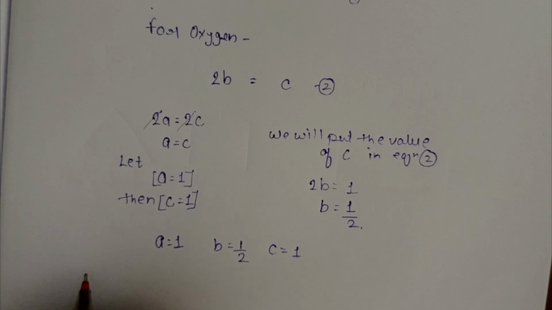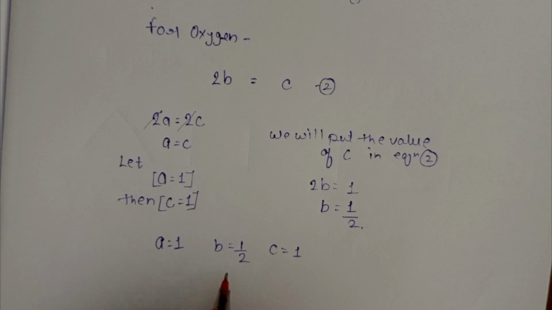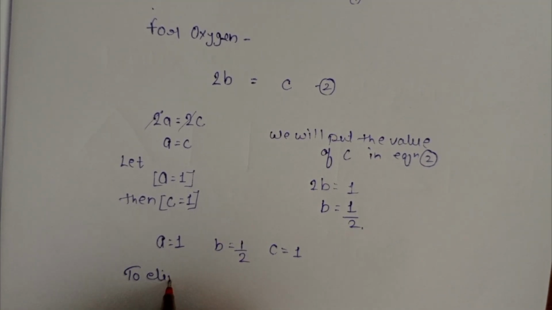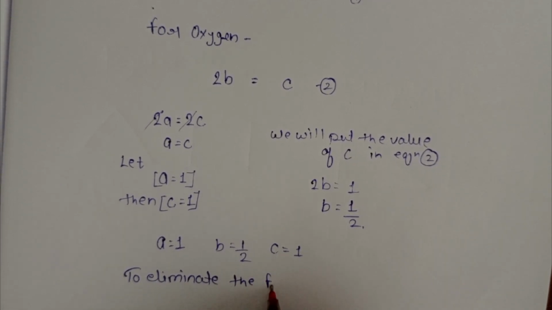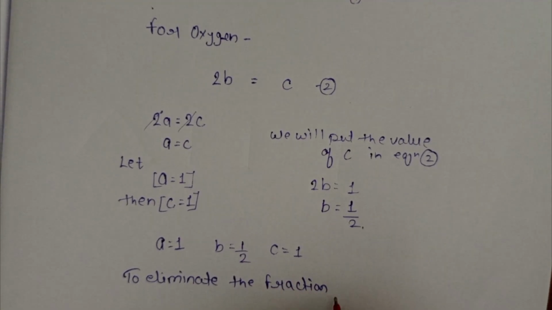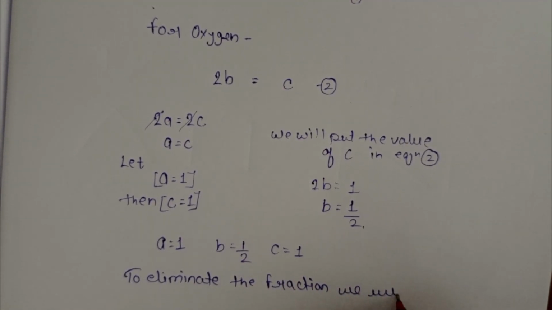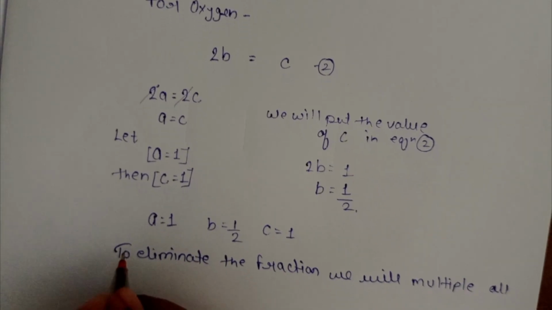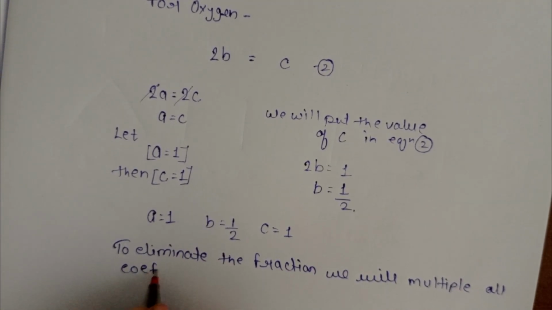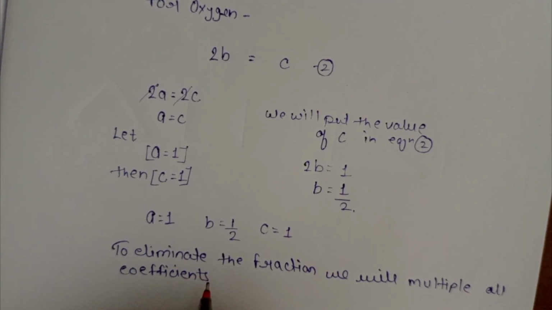So to eliminate the fraction, we will multiply all the coefficients by the denominator, which is 2. So what will we get?